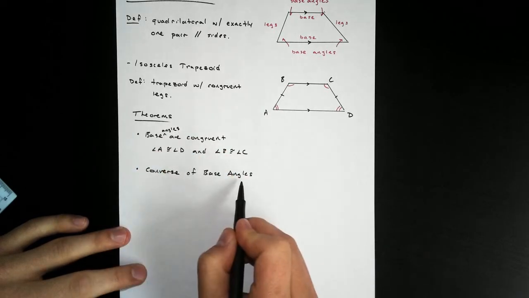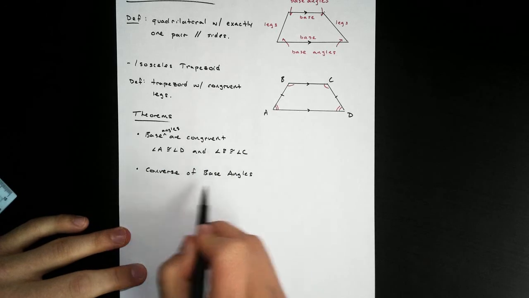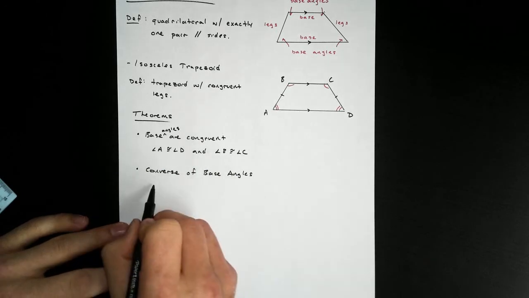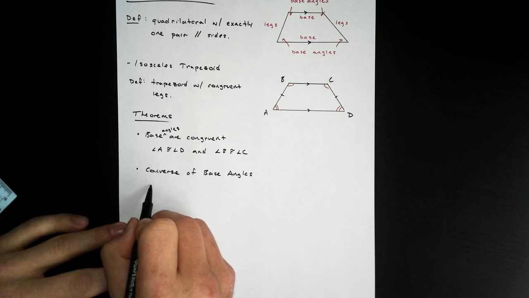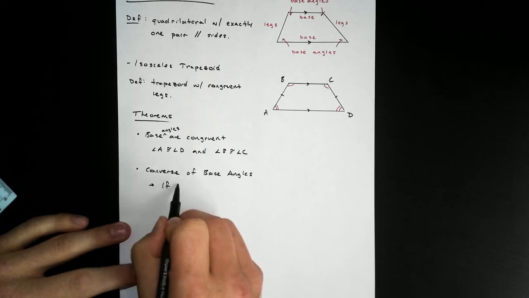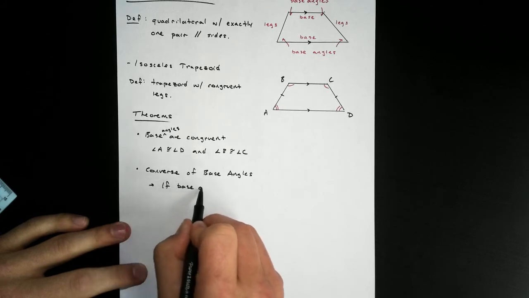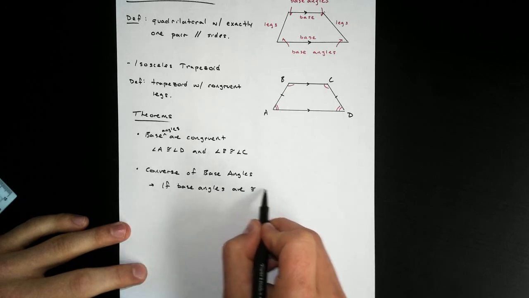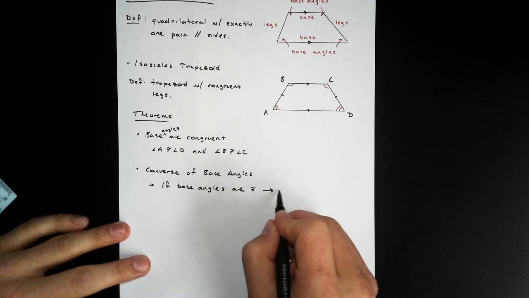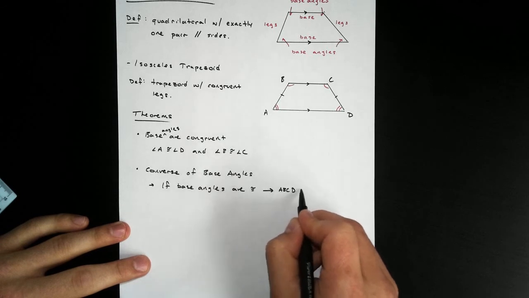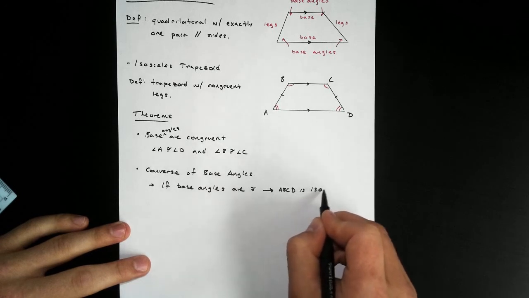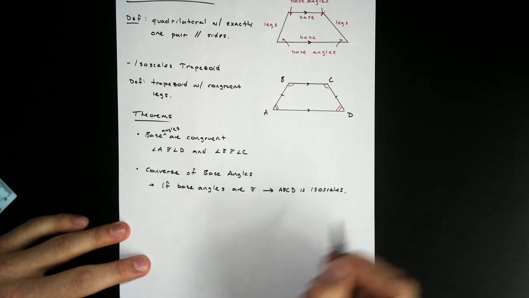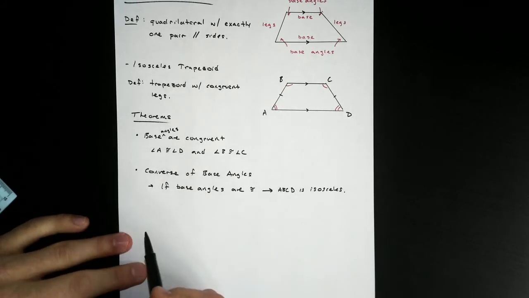If I know that the base angles are congruent to each other, that means that it has to be an isosceles trapezoid. So if base angles are congruent, this leads to it has to be an isosceles trapezoid. So those kind of go hand in hand together.